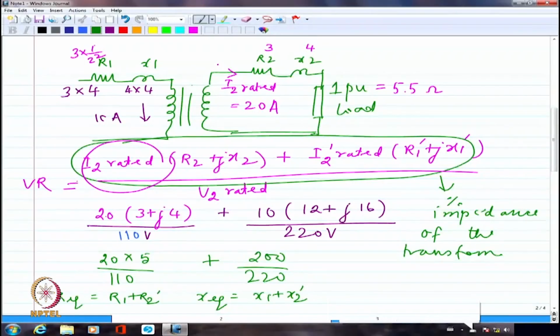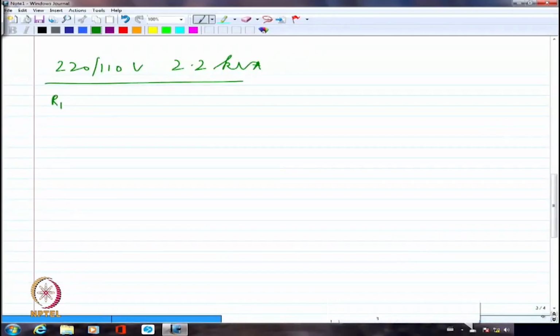Right? So, what I am trying to say here is, if it is a 220 volts, 2.2 kVA transformer, maybe let me say R1 is 1 ohm, whereas R2, what I got, it should be 1 by 4. If it has to be equal, it can be probably instead of 0.25, it can be 0.26 ohms, for example. I am just arbitrarily taking.